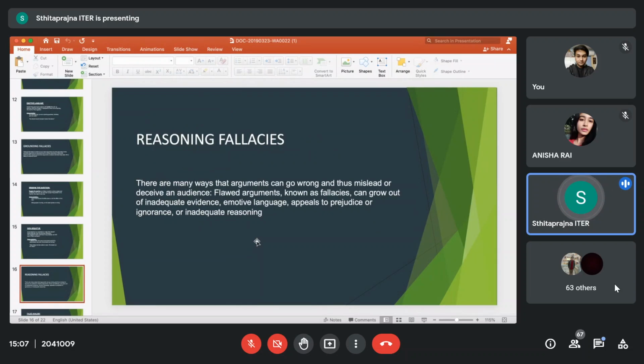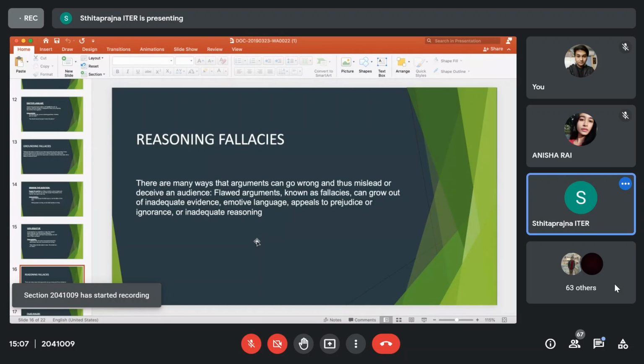Now we have reasoning fallacies. There are many ways that arguments can go wrong and thus mislead or deceive an audience. When arguments go wrong, they mislead an audience. Fallacy is about deceiving through an argument.